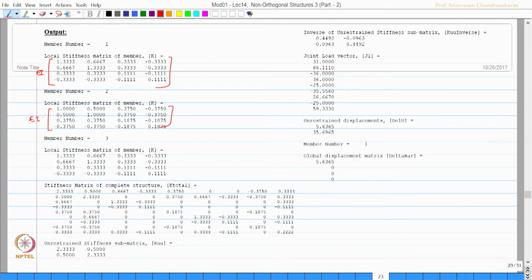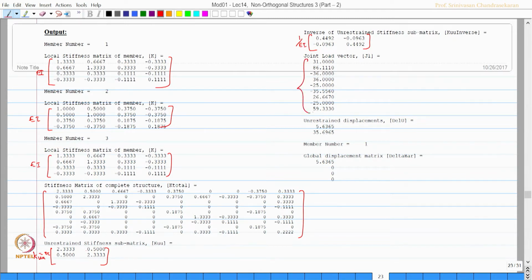You can compare these results are exactly same, and this is for the member 3 E I. This is my total stiffness matrix, out of which unrestrained is this value. This is nothing but K U U. I have E I out here also, which is same as that. This is K U inverse which has 1 by E I here.